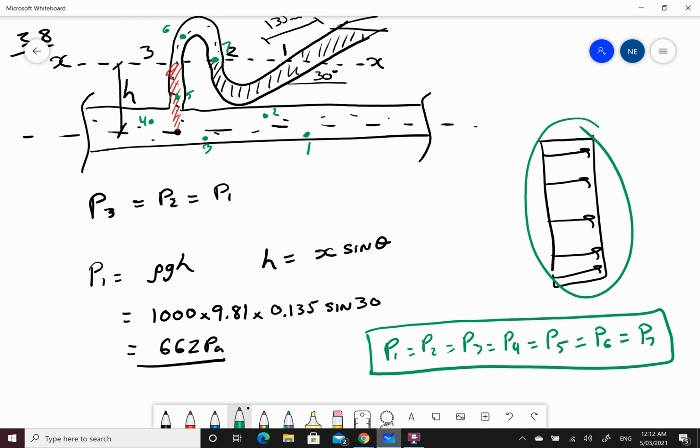The pressure is uniform, the same at all points for the gas. So at point 2 and at P7, which is here, the pressure is the same. The pressure at the center line is the same.